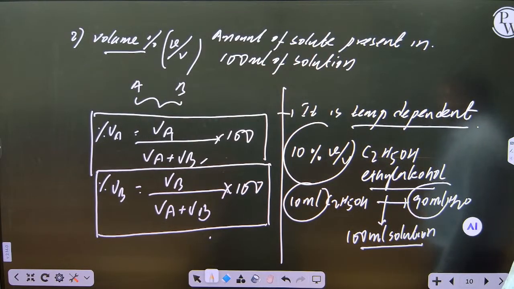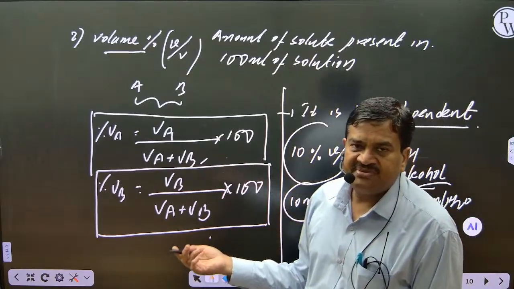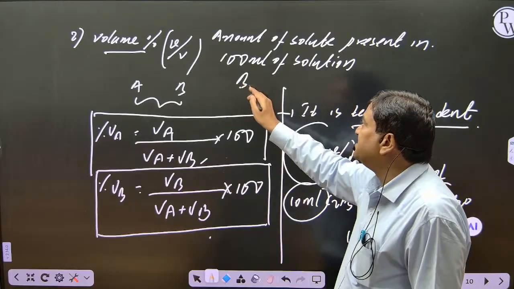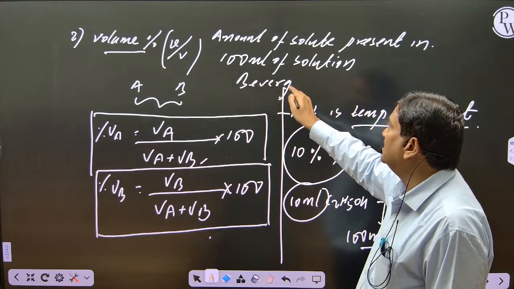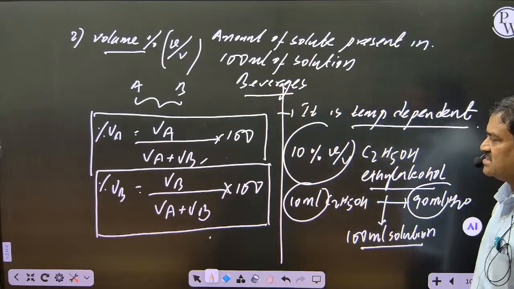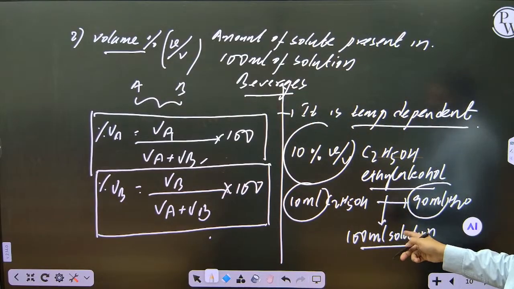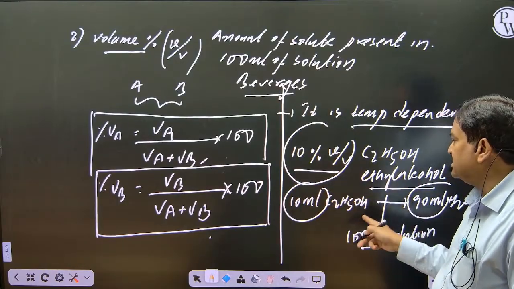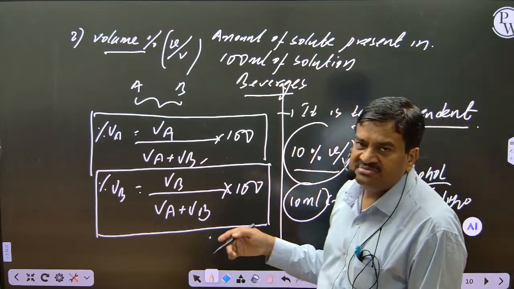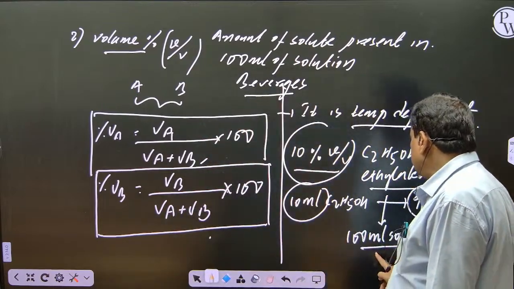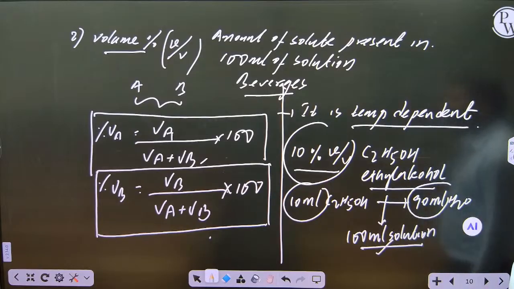And generally, where do we express volume percentage? In beverages, like beers and champagnes. So generally this concentration term we express in beverages, copy this. 10% V by V ethyl alcohol means 10 ml of ethyl alcohol is added to 90 ml of water, to make 100 ml of solution.